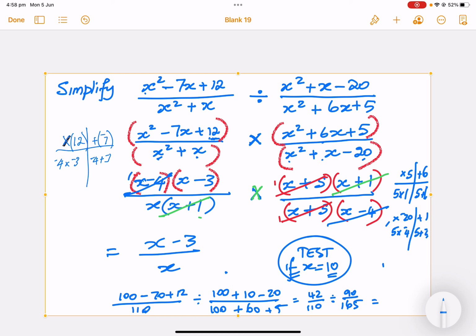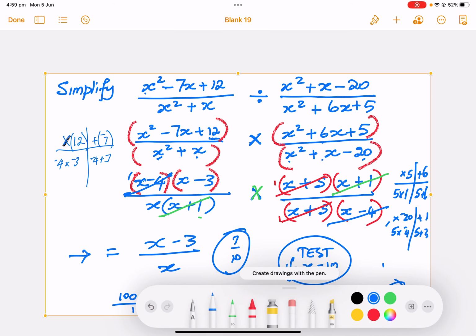Now that's a divide, and then the second fraction, we've got 90 over 165. All right, I get 7/10 in the calculator. Now put 10 into this expression, you'll get 10 minus 3 over 10, which is 7 over 10. You see, both ways we get 7 over 10. So that's just a check, okay?